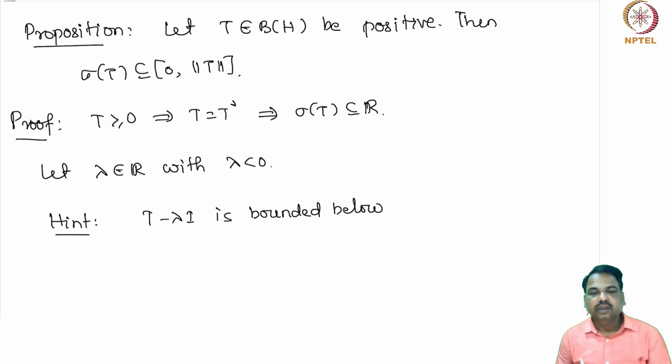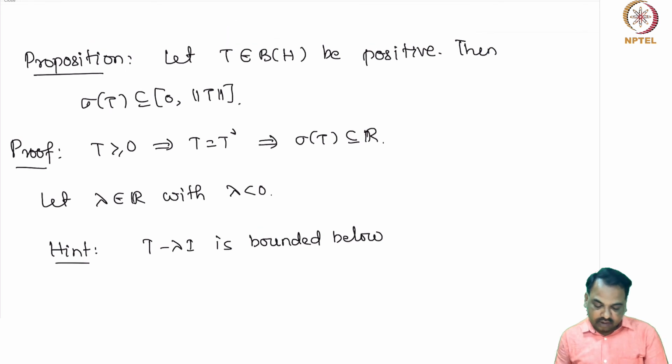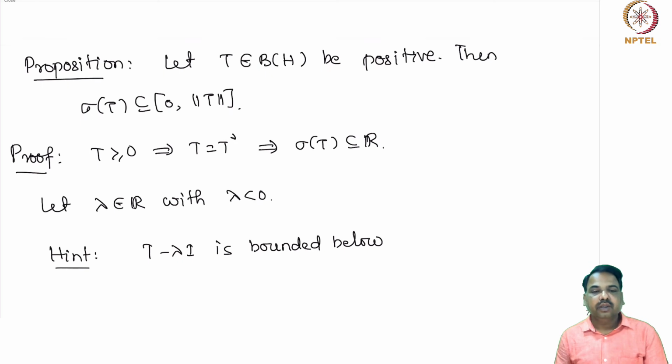Now T minus lambda is a normal operator. So from that we can conclude that T minus lambda I has a bounded inverse. That means lambda cannot be inside the spectrum of T. So from this we can conclude that the spectrum of a positive operator is a subset of the positive real line.